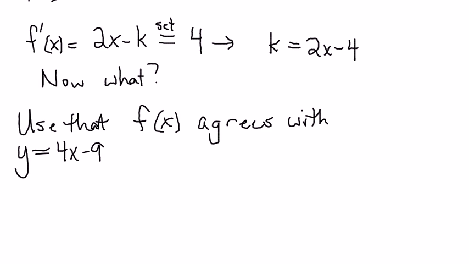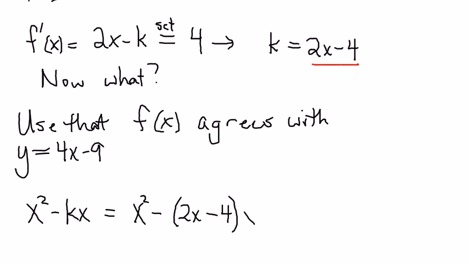We set the two equal. So we have x squared minus kx. I'm going to go ahead and substitute this value in for k. And so that becomes x squared minus (2x minus 4) times x. And that's, again, something we're going to set equal to 4x minus 9.